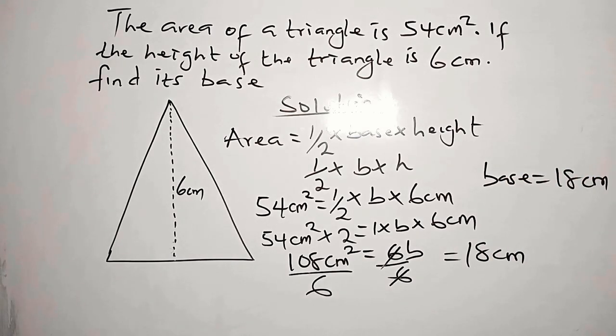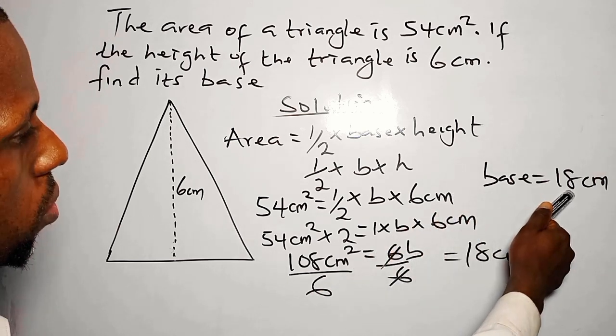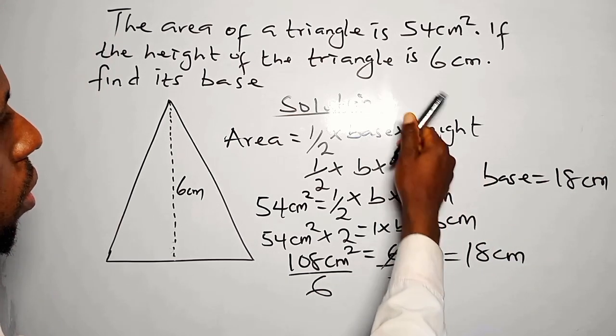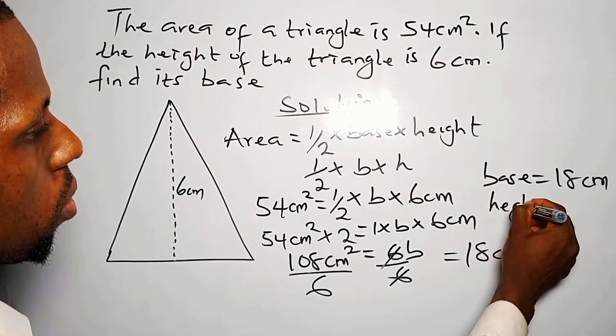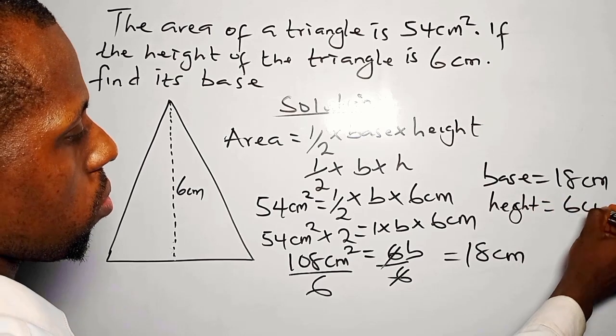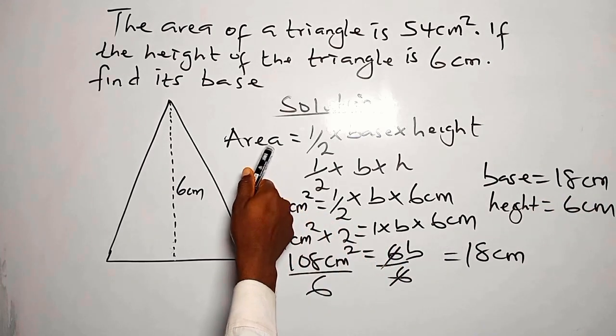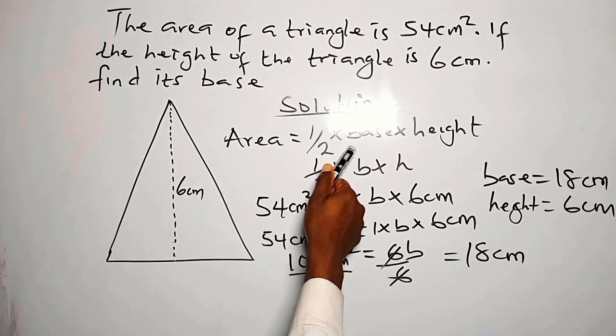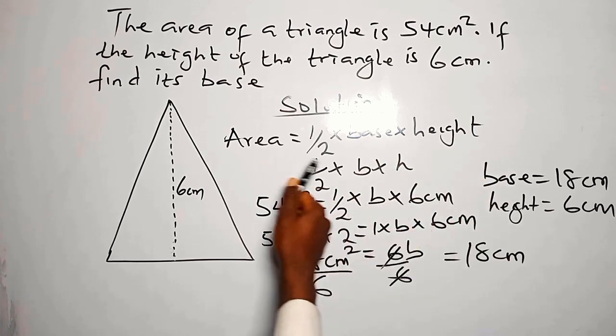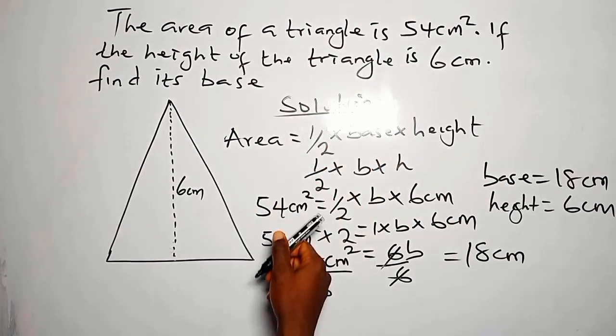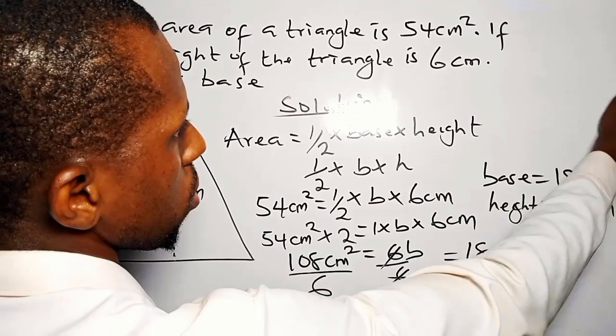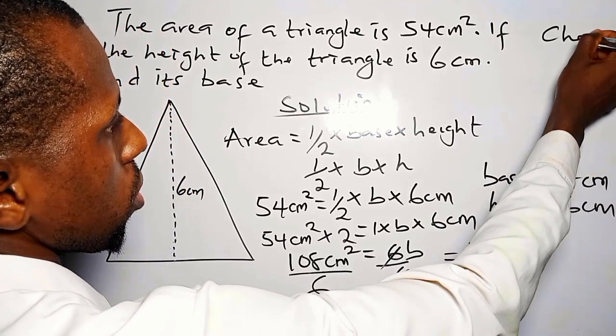By the time we say the base is 18 centimeters, and the height in the question is 6 centimeters, when we apply the formula for area, half times base times height, we should get 54 centimeters squared. Let us check.